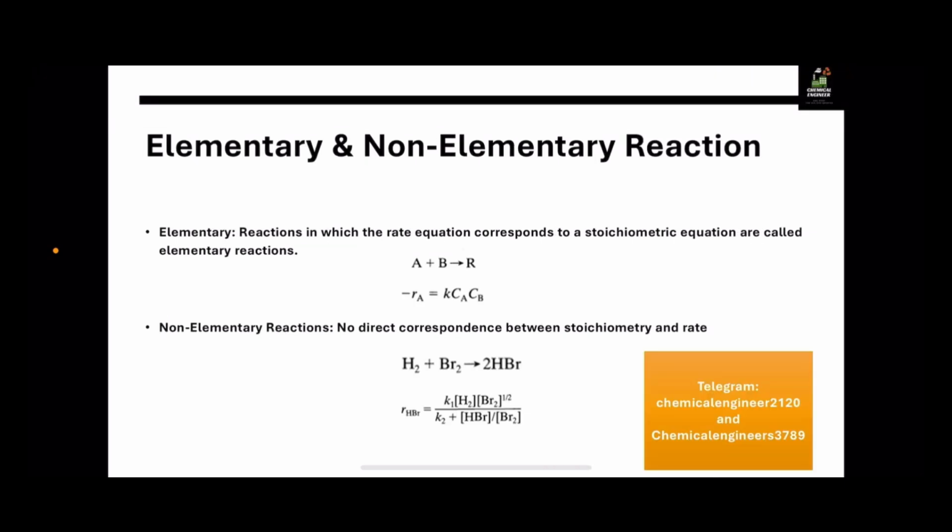Then elementary and non-elementary reaction. An elementary reaction occurs in a single step, and non-elementary reactions occur in more than one step. We can say that in an elementary reaction we are aware of the stoichiometric equation.